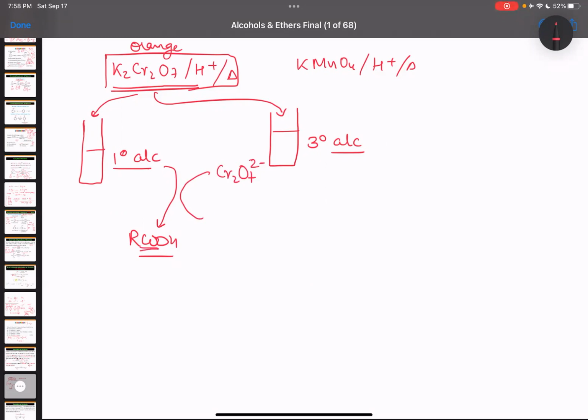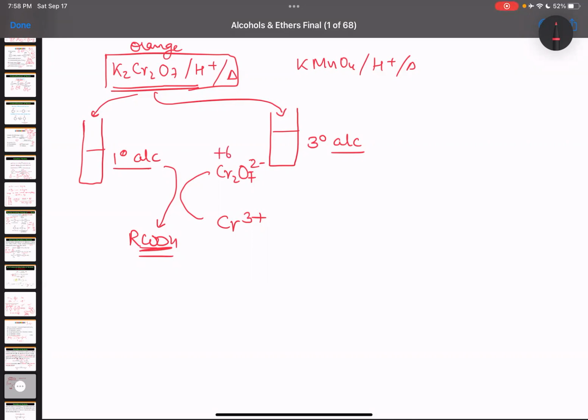The carbon gets oxidized. So dichromate is going to get reduced to chromium plus 3. What's the oxidation state of chromium in dichromate initially? Plus 6.